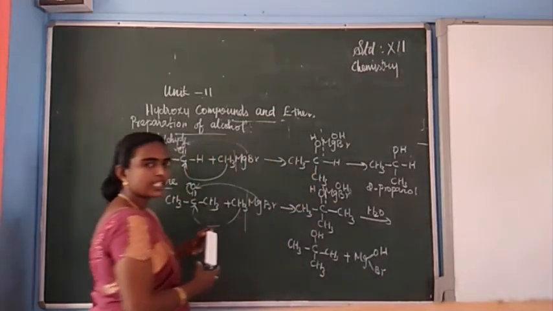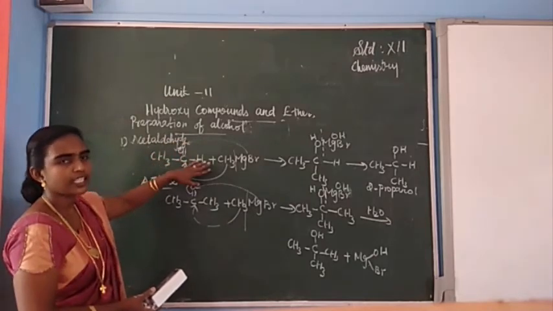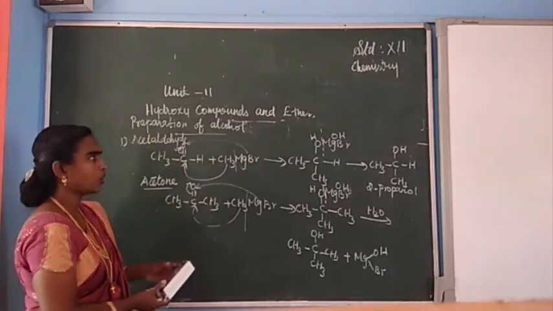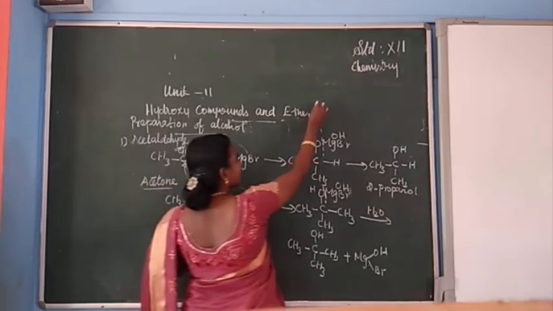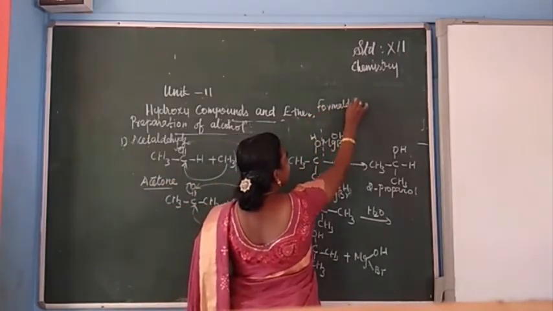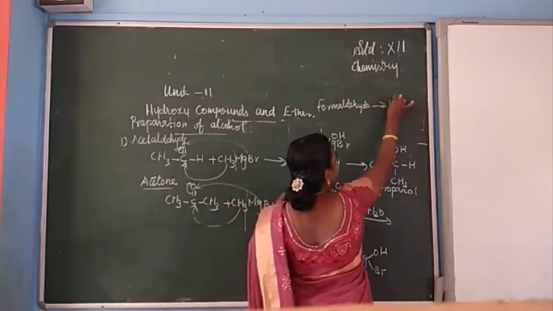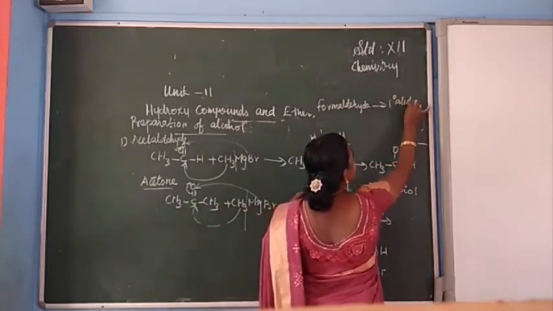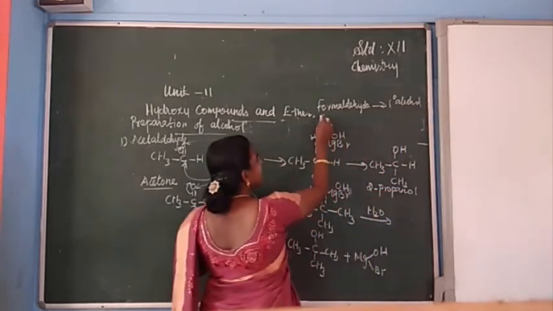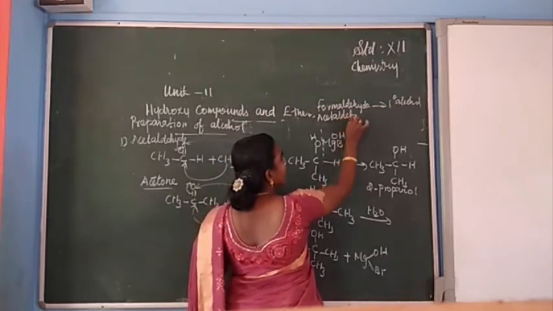Using the Grignard reagent, we have prepared primary alcohol, secondary alcohol, and tertiary alcohol. From formaldehyde, we can prepare primary alcohol. From acetaldehyde, we can prepare secondary alcohol.